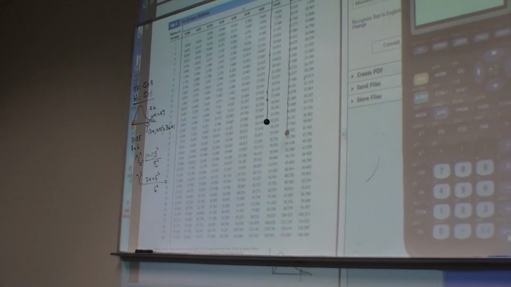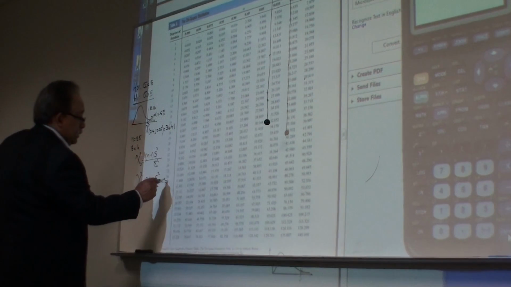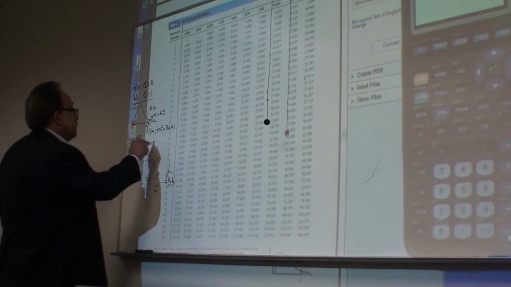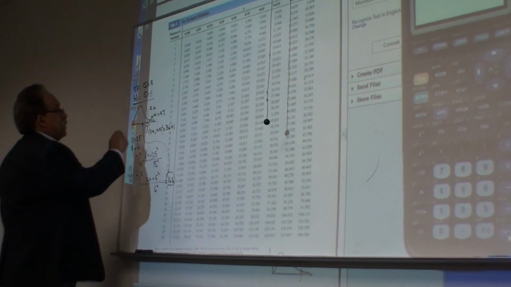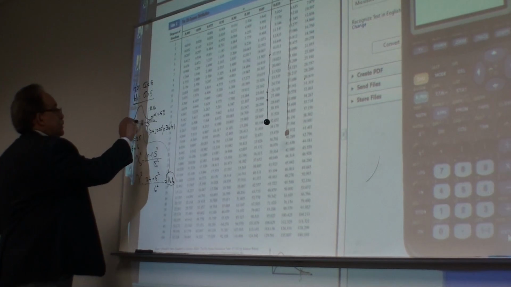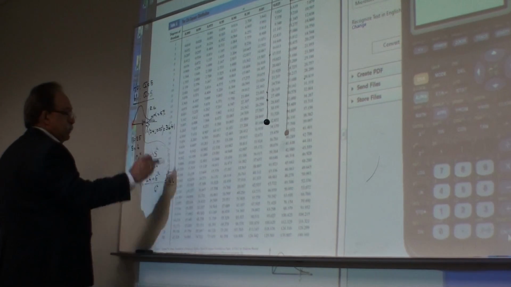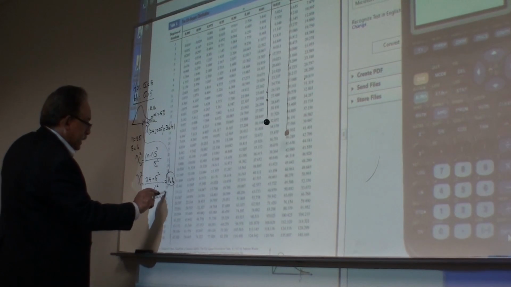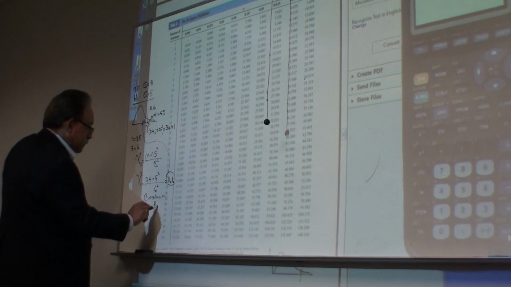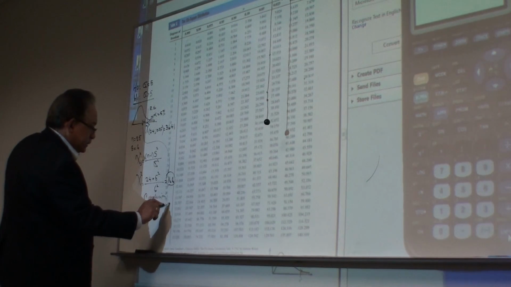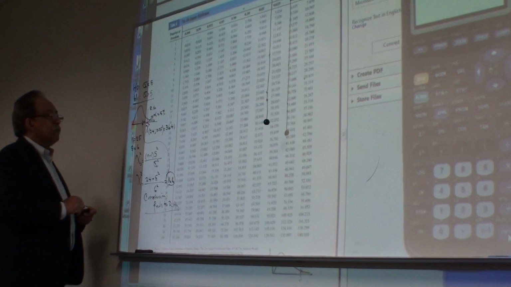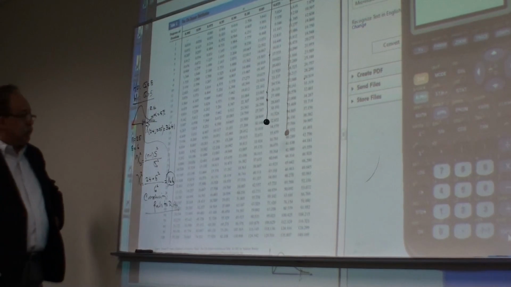If you read the table, we know that is a value that is before 36, so it's going to be here, 16.6. So the conclusion is the test fails to reject the null hypothesis.